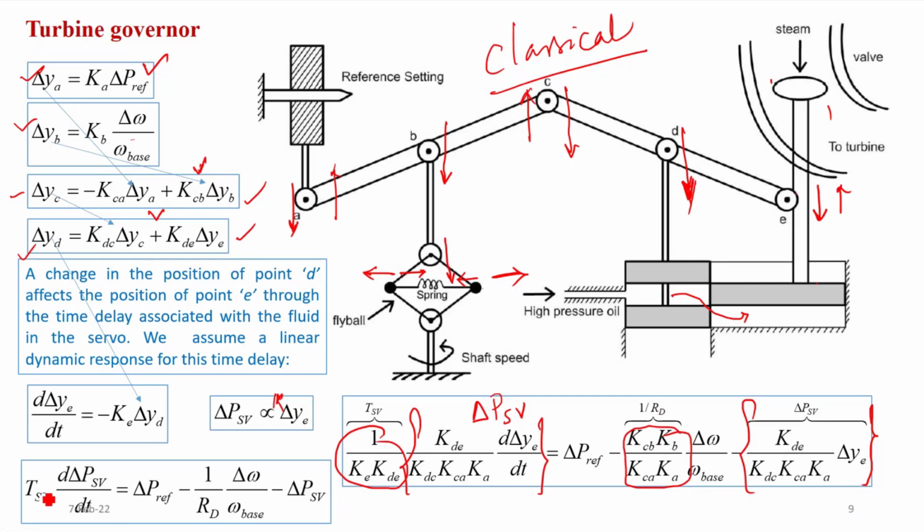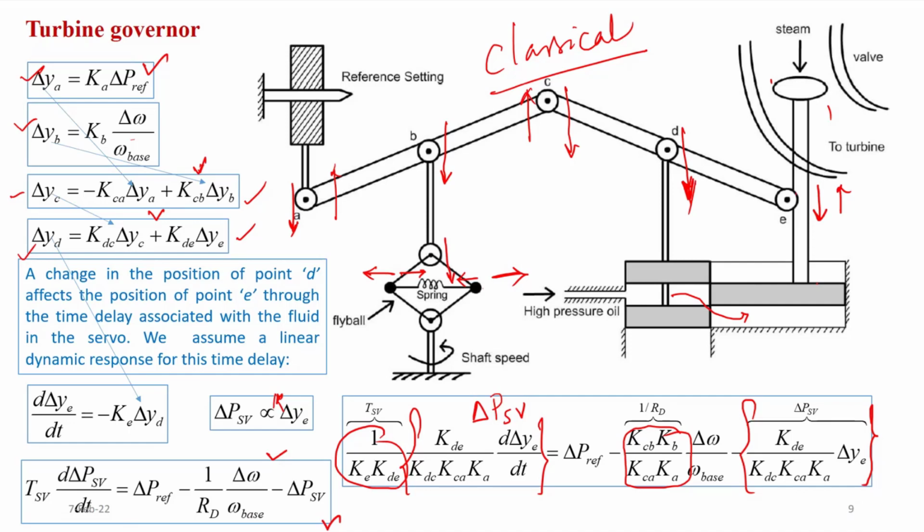Then I can write TSB d by dt of delta PSB equal to delta P reference minus 1 by RD into delta omega by omega base minus delta PSB. So this is your final equation now. This is the equation for your governor system.